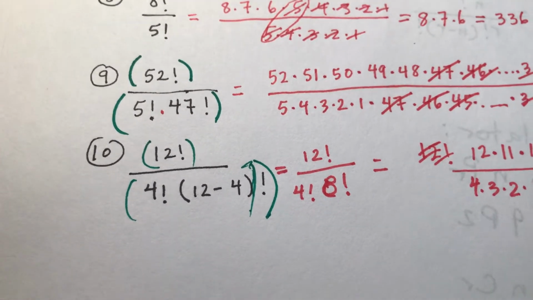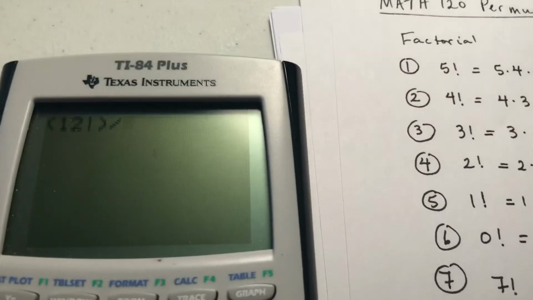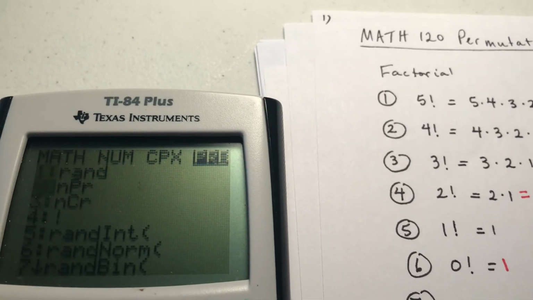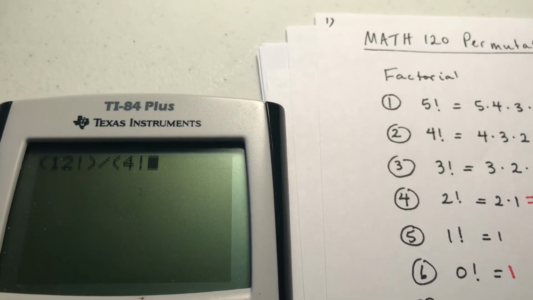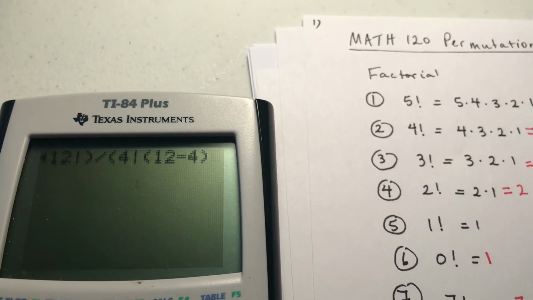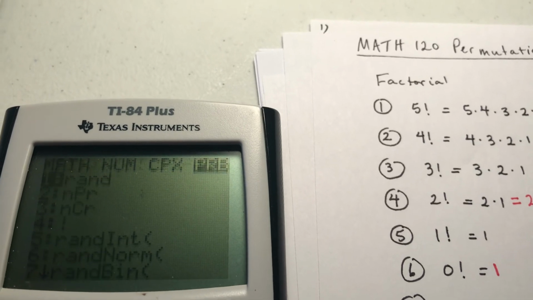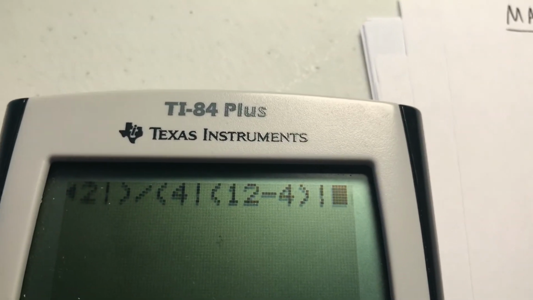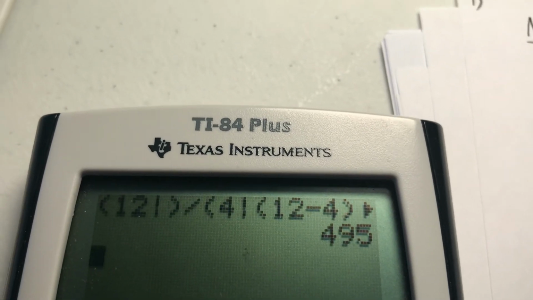So I'll put my parenthesis, and then it's 4 math, probability number 4, factorial. And then you've got to do a parenthesis 12 minus 4, parenthesis, math, probability, number 4. So I've got the subtraction with the factorial and one more parenthesis gives 495. That's what we got when we did all this.